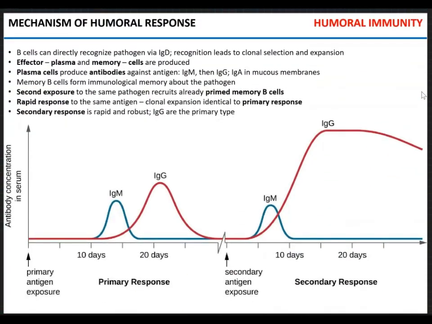So what happens when you are exposed to the antigen for the first time? Well, it takes some time for B cells to encounter the antigen because it has to enter your lymphatic system and differentiate into plasma and memory cells. So plasma cells start producing antibodies.